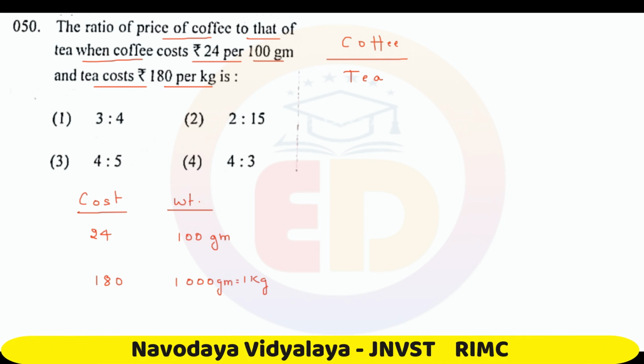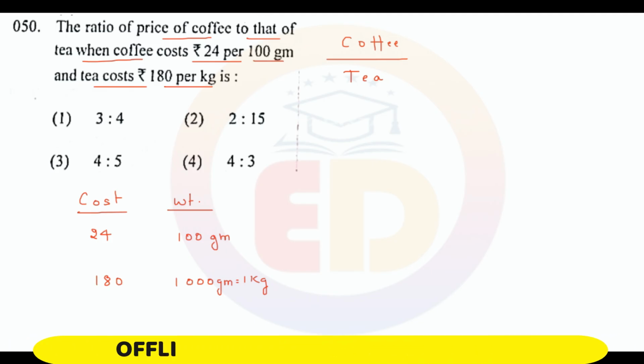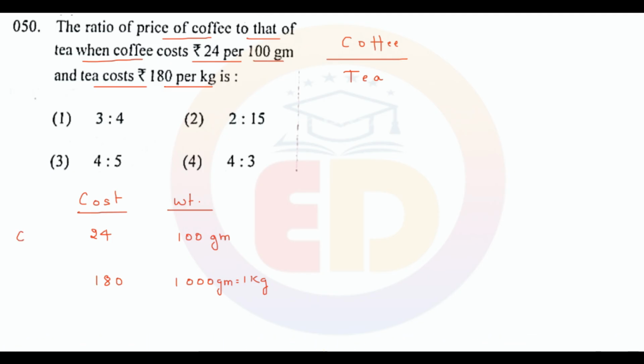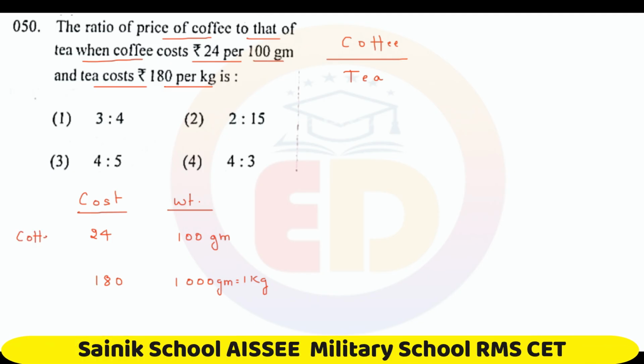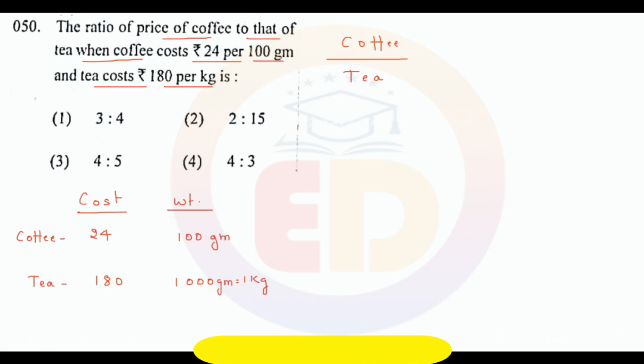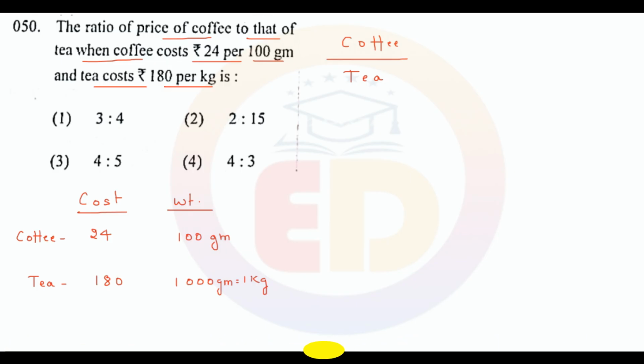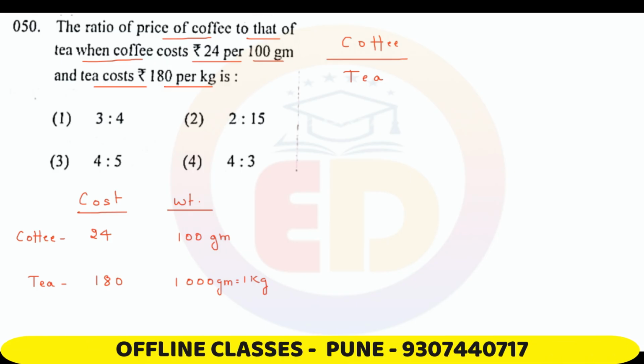Now, to solve this question further, we have to convert the weight of coffee and tea to be equal. Now, how can we do that?